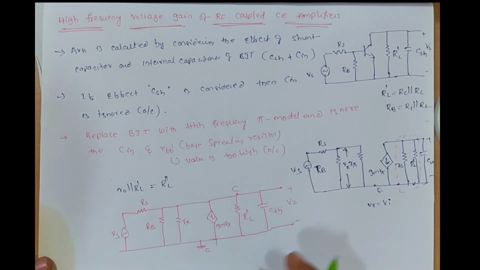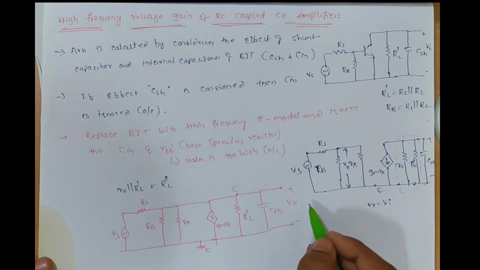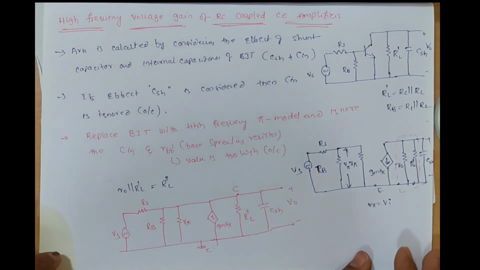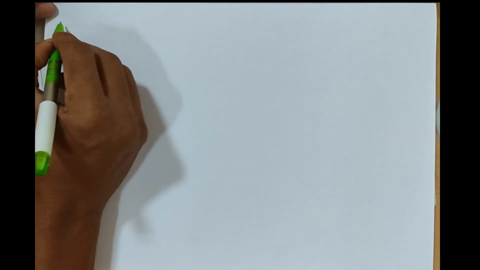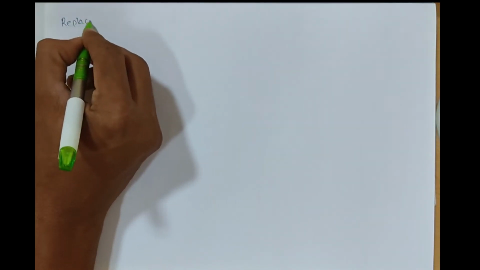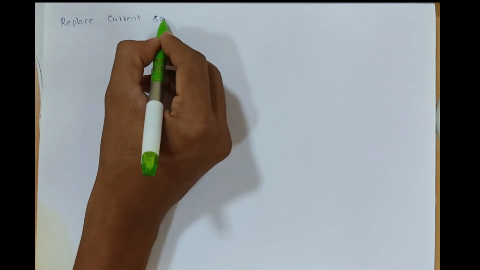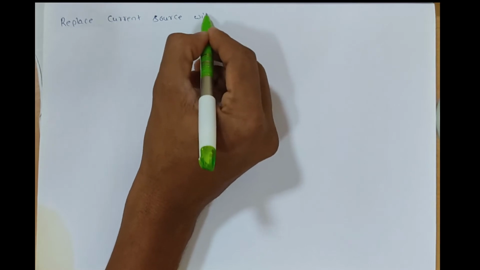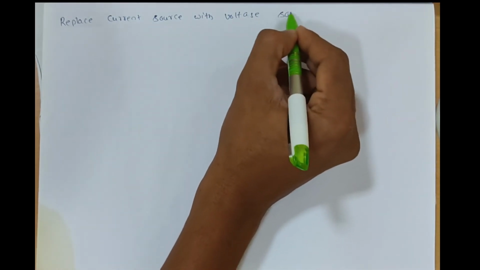Yes, a current source with a parallel resistor can be replaced with a voltage source with a series resistor. So replace the current source with a voltage source.